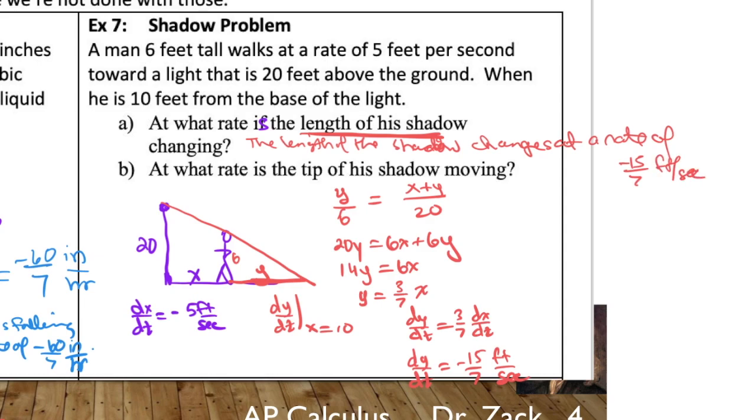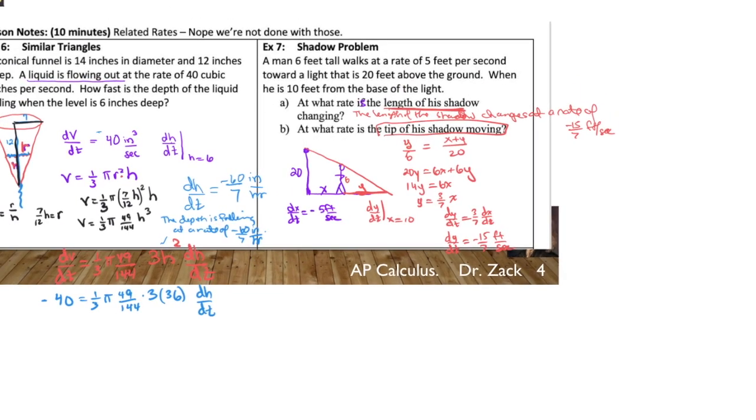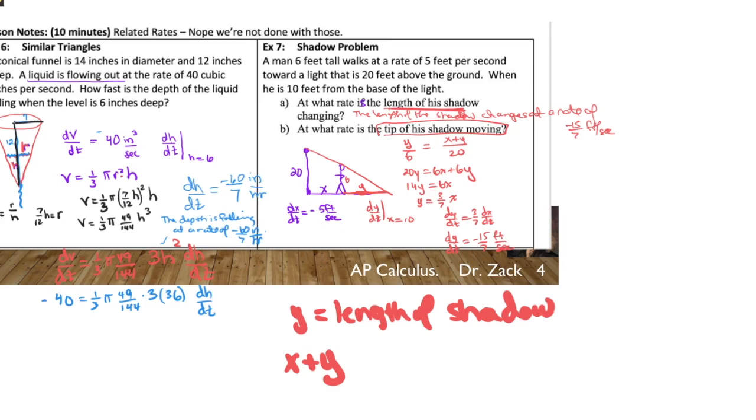Now, part B, at what rate is the tip of his shadow moving? All right, so this is where it gets a little strange. What we know is that y is the length of the shadow. But the tip of the shadow is always defined as x plus y. So it's the length of what's in front and behind our man, and that is considered the tip of the shadow, because the sum of those is going to be how we define the tip.